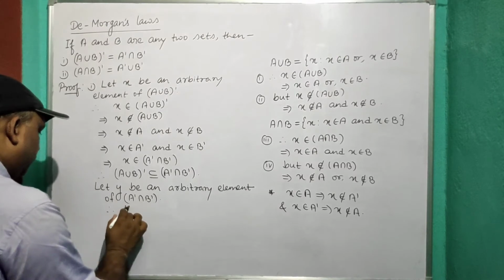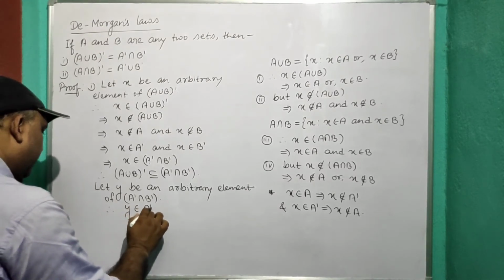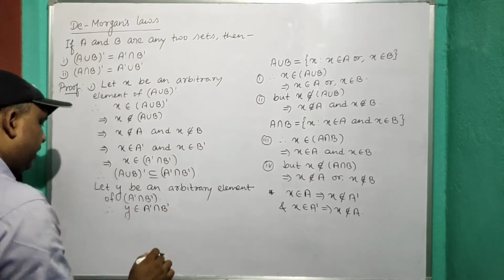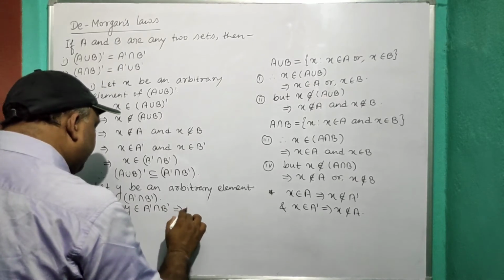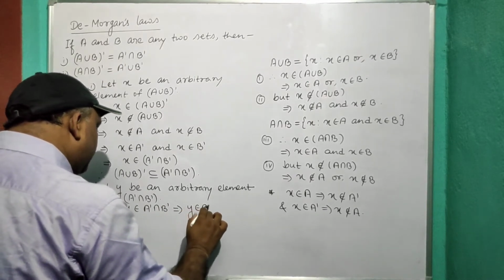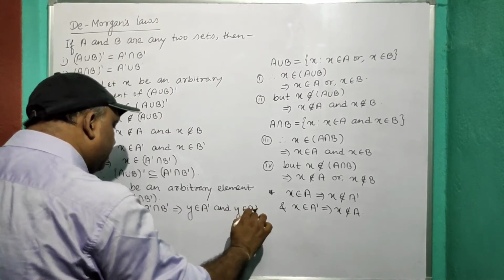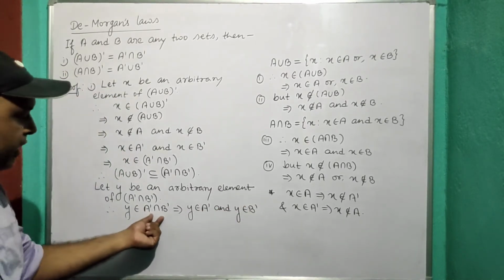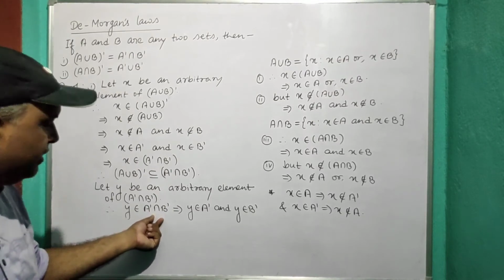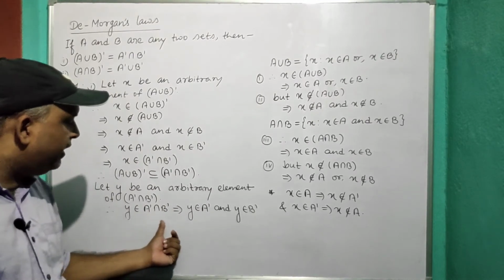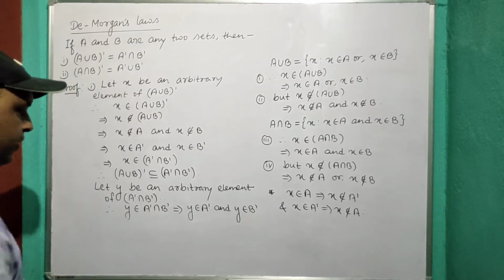Therefore y belongs to A dash intersection B dash implies that y belongs to A dash and y belongs to B dash. Okay, because there is intersection sign, so this implies that y belongs to A dash and y belongs to B dash.